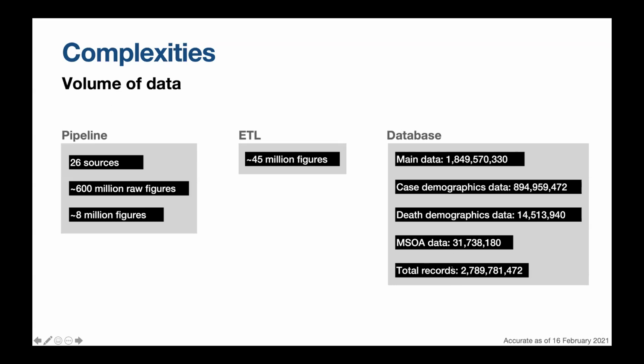So all in all, we have about 2.8 billion records in the database. So next time you're trying to download all of our records for cases, case demographics by age, give this some thought, because you're not downloading the whole thing. You're downloading it for one day, but still, it's quite a lot of data.